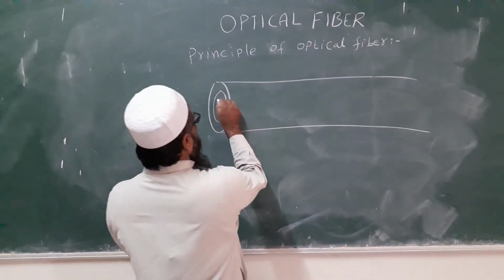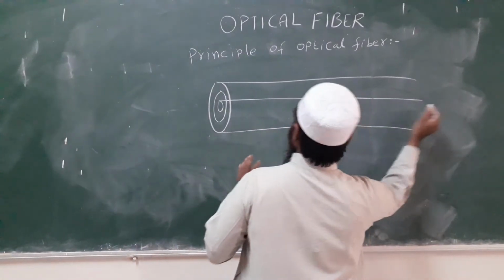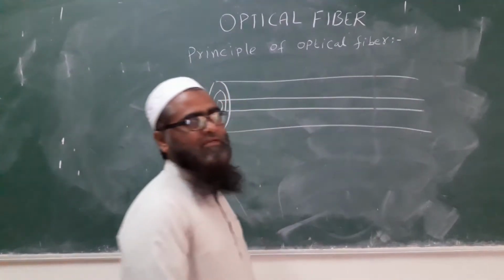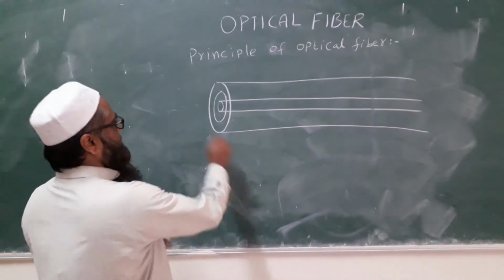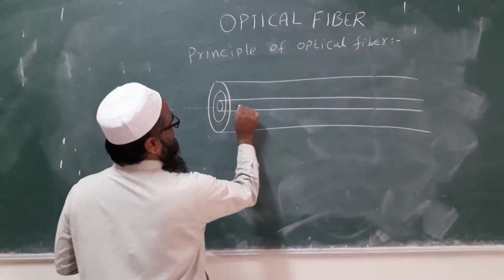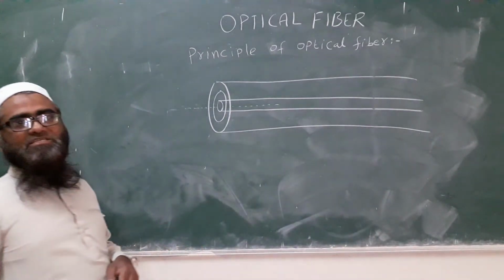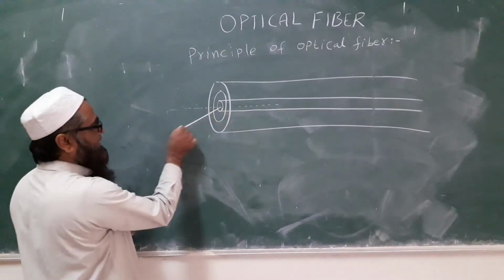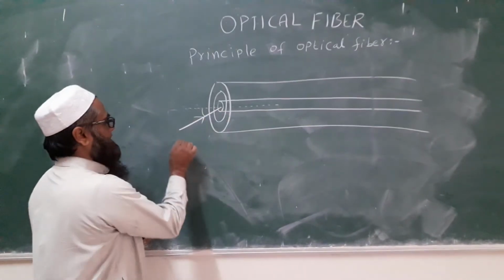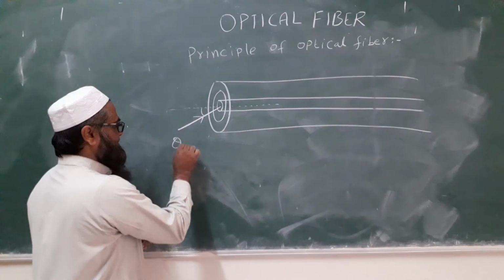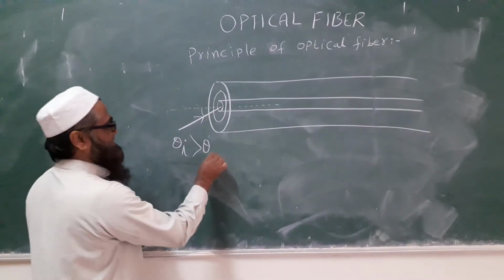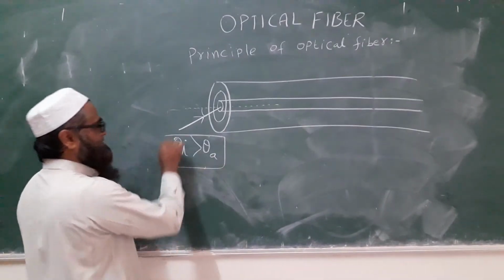We are just assuming that light is only passing through the core, because the cladding is a rarer medium. See, this is the cable axis. You are giving the light to the optical fiber here. If this angle of incidence is greater than, suppose this is the acceptance angle, I will explain later what this is.